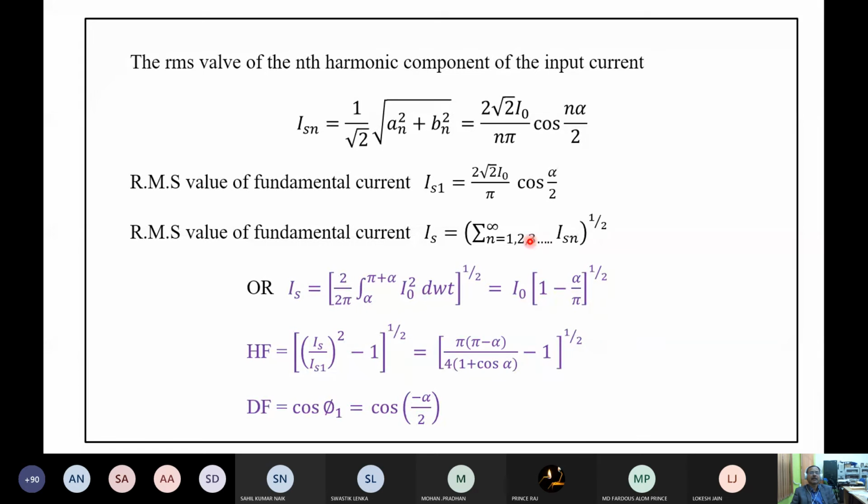ISN is the nth harmonic component of the input current. So IS1, putting n is equal to 1, you will get 2 root 2 I naught by pi cos alpha by 2. The RMS value of the input current is I naught times square root of 1 minus alpha by pi.